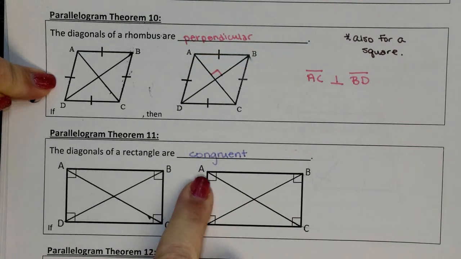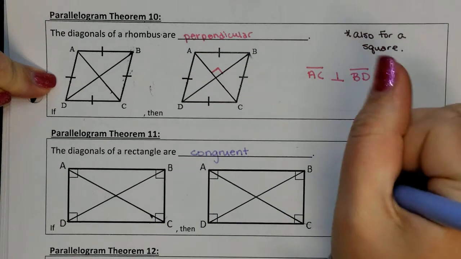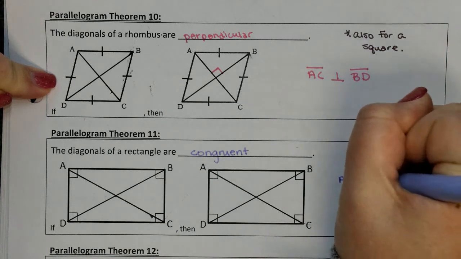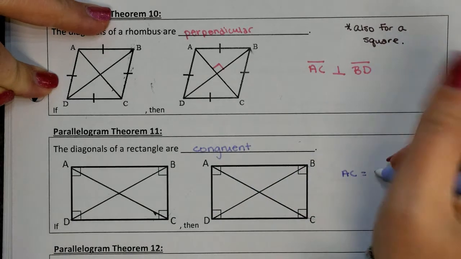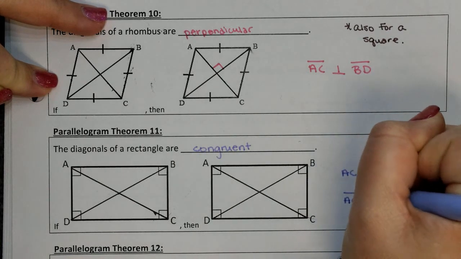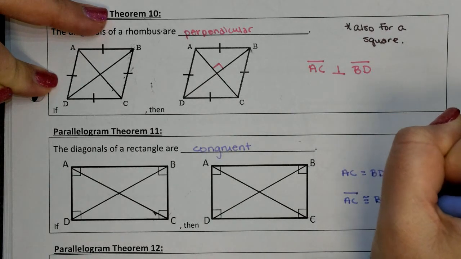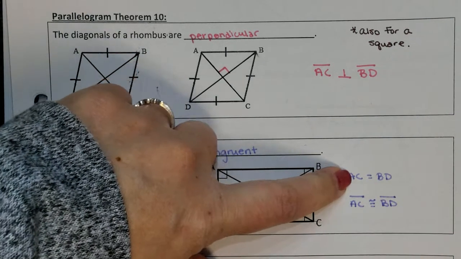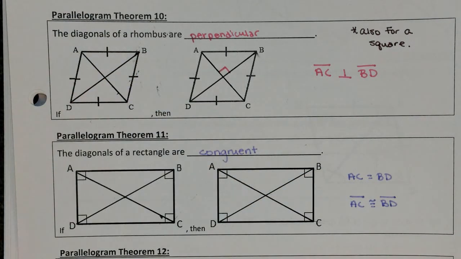So this means that the length of AC has to equal the length of BD, or that segment AC is congruent to segment BD. Remember, your lengths are equal, but the figures themselves are congruent.